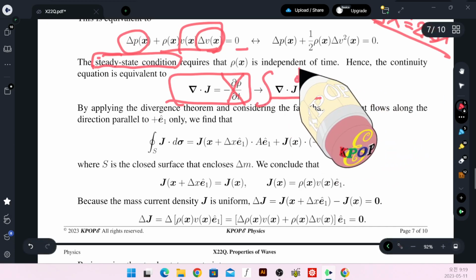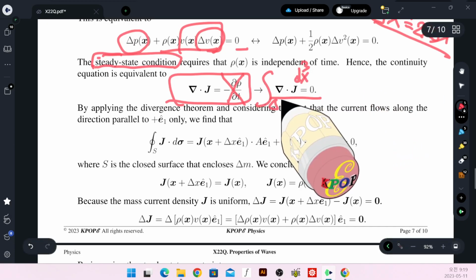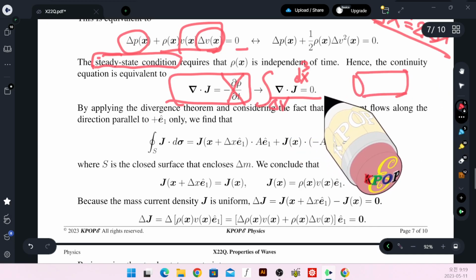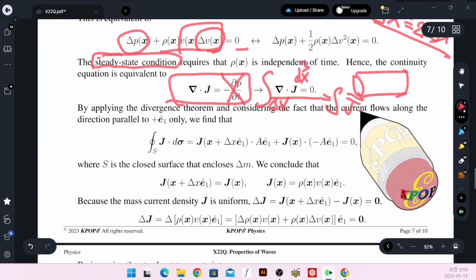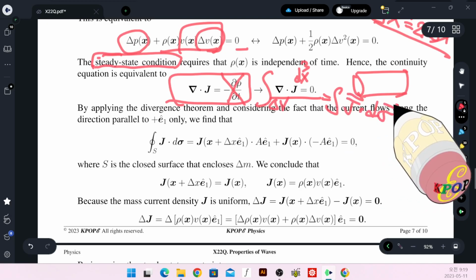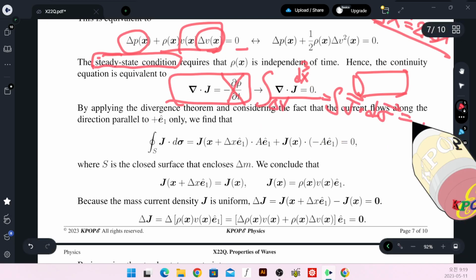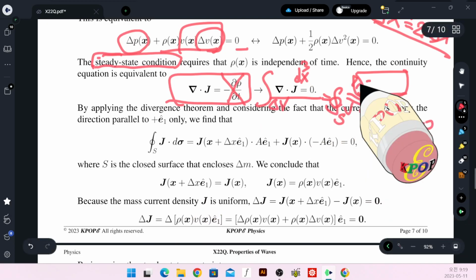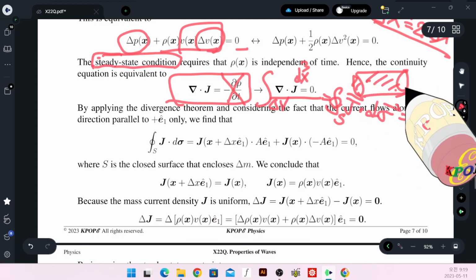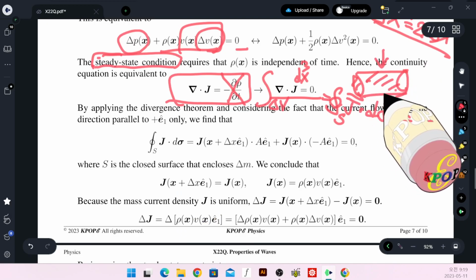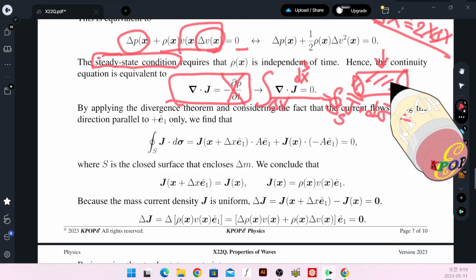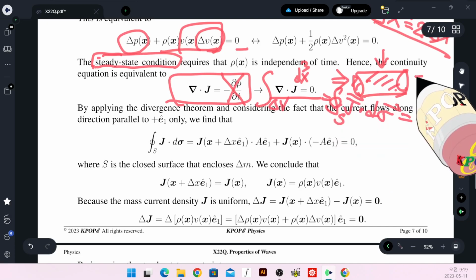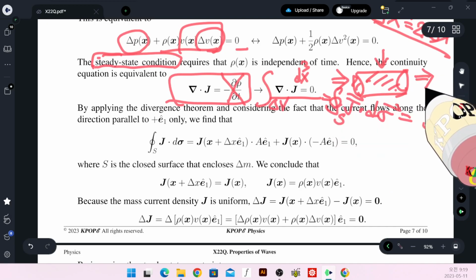Then we integrate over the volume of delta V, and you will find the divergence theorem states that this is the integral of J dot d sigma, and this one is still 0, and this is over a closed surface. But the side of the pipe does not allow any mass transfer. Only here current flows in, here current flows out.